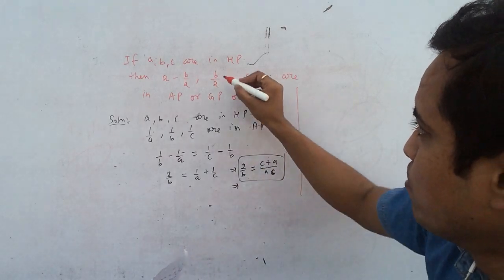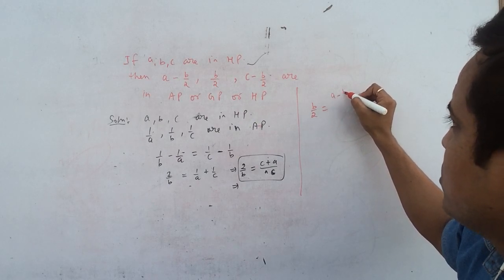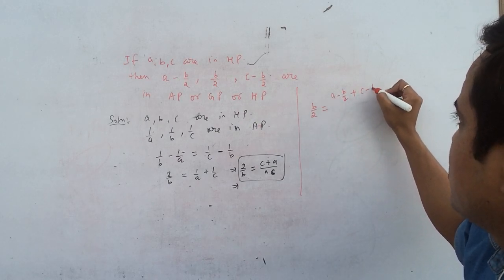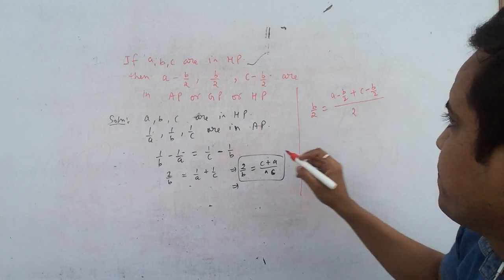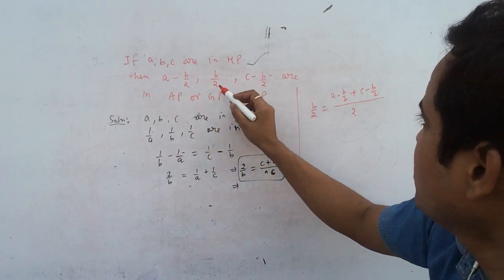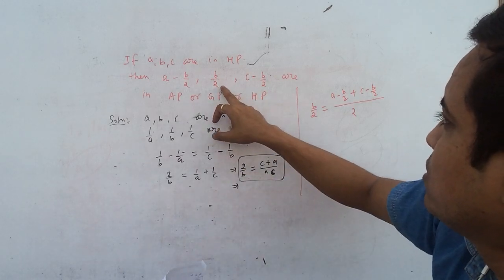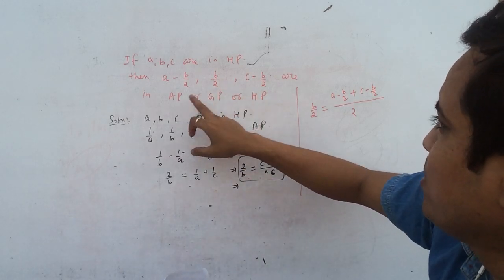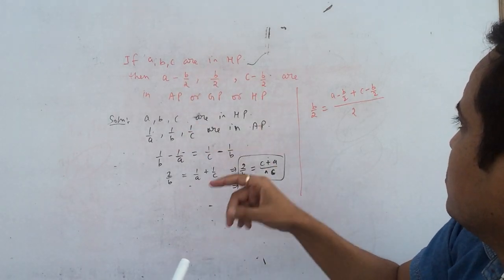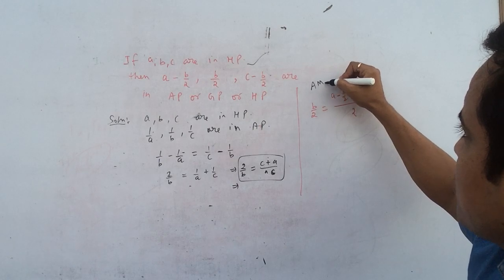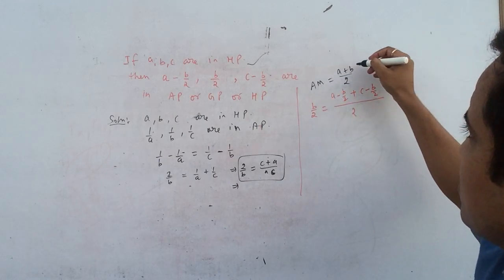If you check b by 2 for AP, you get a minus b by 2 plus c minus b by 2, upon 2. Since you know that if this is in AP, then b by 2 would be the arithmetic mean of the two. According to arithmetic mean, you know that arithmetic mean equals a plus b by 2.